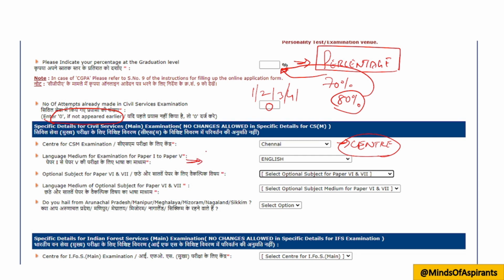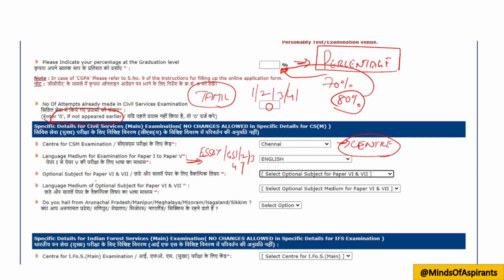Then the language in which you are going to write the essay, GS papers 1, 2, 3, 4. That is the language or medium through which you are going to write all these papers. So anyone who wants to write in Tamil or any other language can very well fill it. But you have to write all the papers in the regional language.